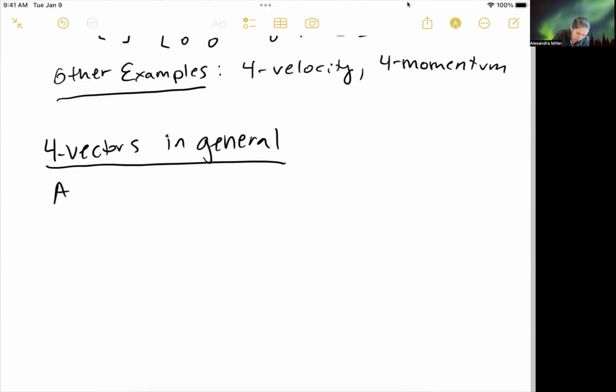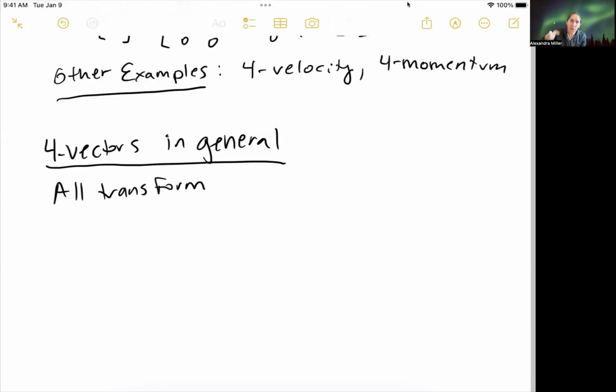So these all transform. And when I say transform, I mean if we're observing these objects from different reference frames. We know if some object is moving with some velocity, if you're in a different frame of reference, that velocity is going to look different. It could be at rest in some frame, but then in another frame, it's going to be moving. So we know this velocity is going to change.